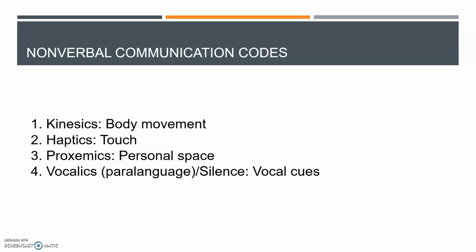The fourth one is vocalics, sometimes called paralanguage, that is how we use our vocal cues to deliver a message. We're going to look at each of these four nonverbal communication codes.